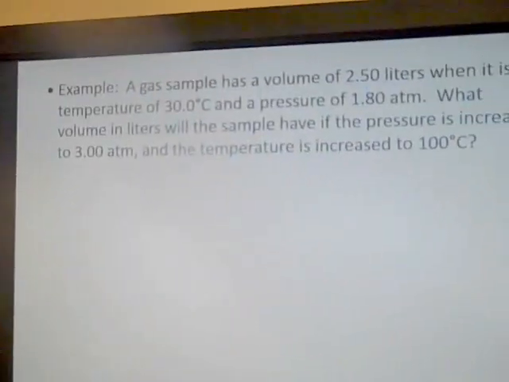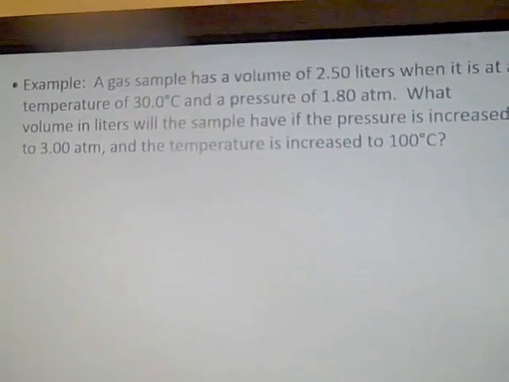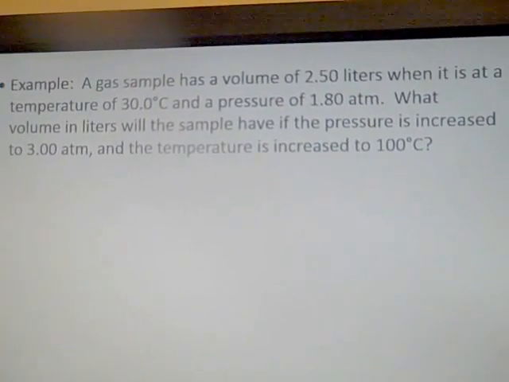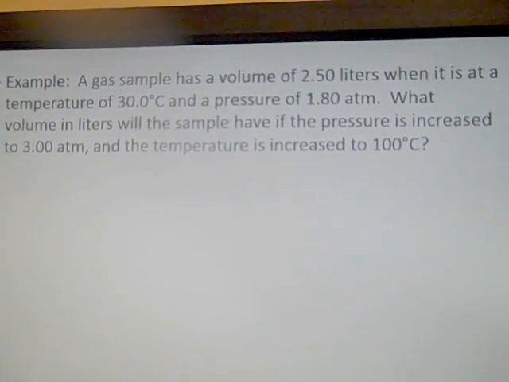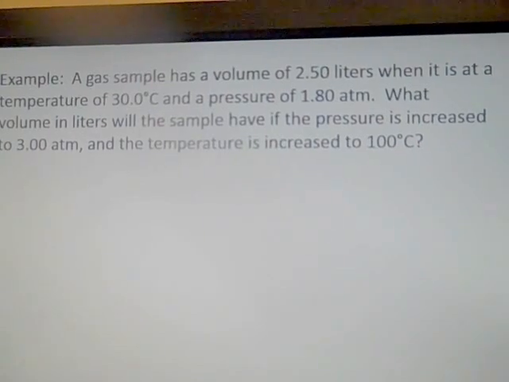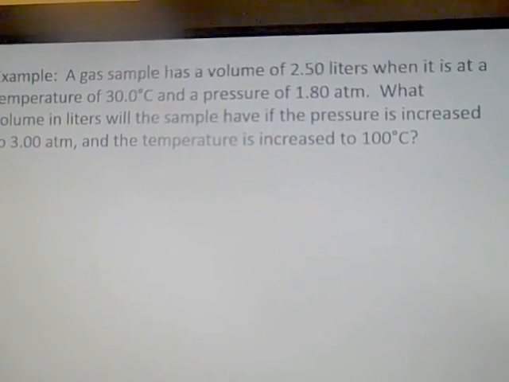So let's use this. Here's a problem. If you read the question, it says a gas sample has a volume of 2.50 liters when it is at a temperature of 30 degrees C and a pressure of 1.80 atmospheres.